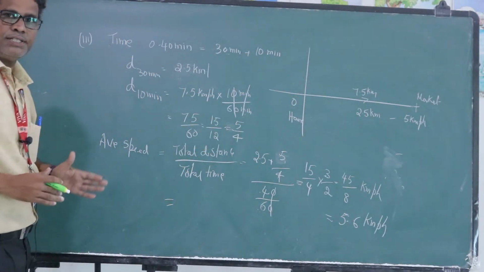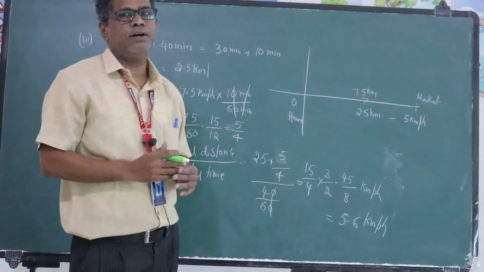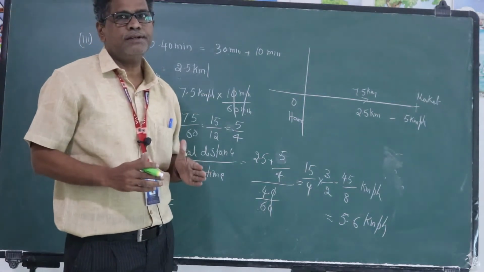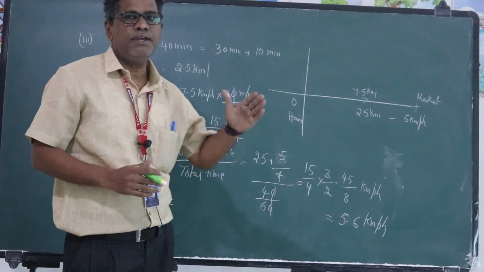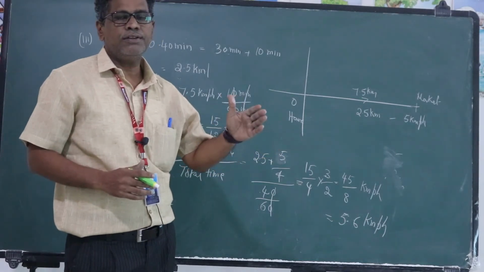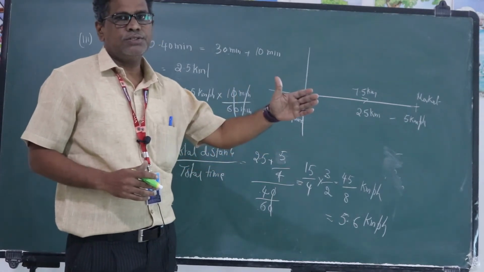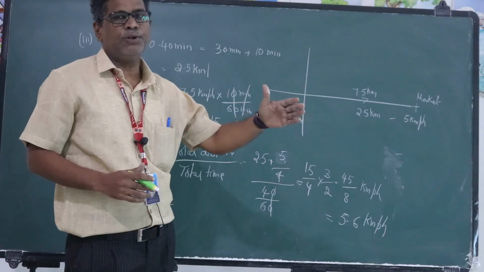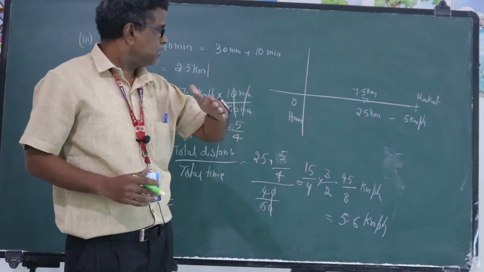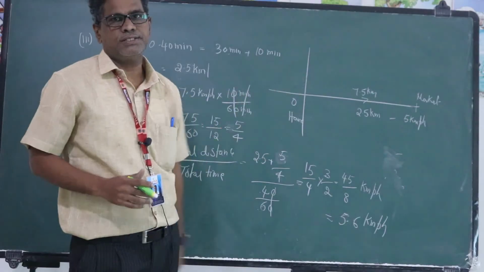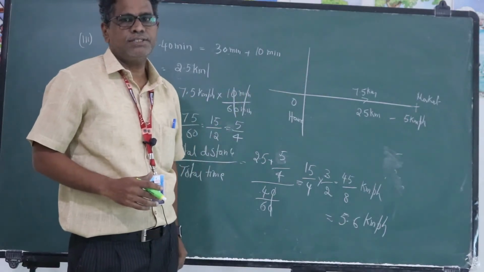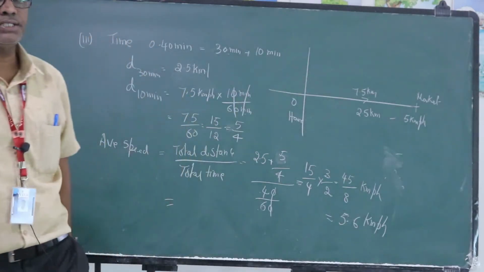So what points can we conclude? Average speed and average velocity may be equal when moving in a straight line, up to a certain time only. Then they are not always equal.